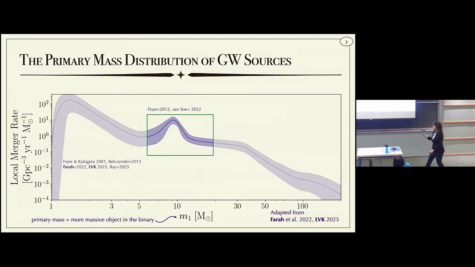The next feature I want to point out is this 10 solar mass peak, where about 90% of the merging binary black holes live. This could be a few things. One of my favorite explanations for it is the stable mass transfer hypothesis that Lika talked about earlier in this conference. Lika's so happy that she's my favorite.